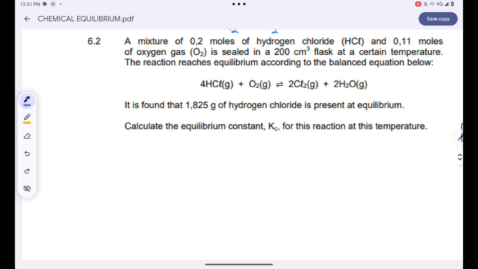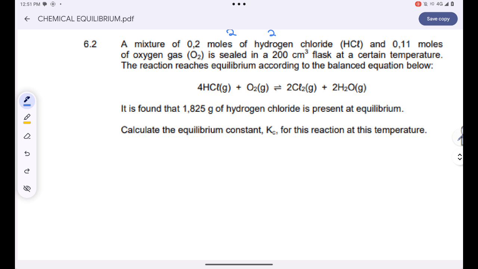For 6.2, we are told that a mixture of 0.2 moles of hydrogen chloride and 0.11 moles of oxygen gas is sealed in a 200 cubic centimeter flask at a certain temperature. The reaction reaches equilibrium according to the balanced equation.